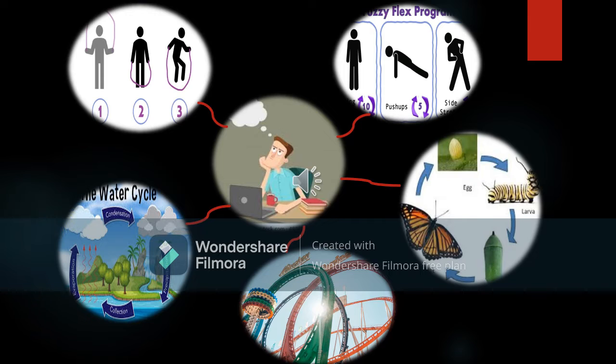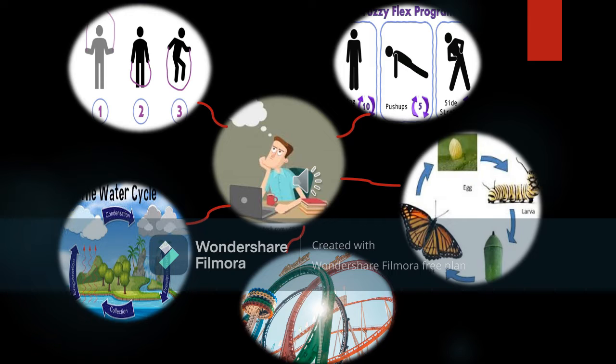Similarly, we come across various such tasks which can be interpreted as examples of looping or iteration, like the water cycle, bird cycle, ferris wheels, and amusement parks, and even your daily routine. Iteration can be both finite, or you can say fixed, and infinite, or not fixed.